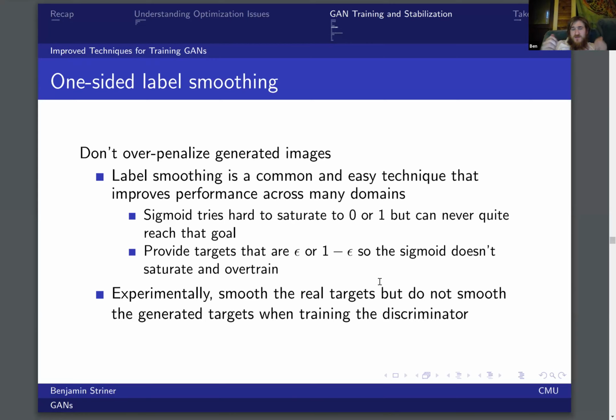And your goal is 0 and 1, and you're doing that using sigmoid on your outputs, which goes from not quite 0 to not quite 1, then your network is always going to be training, increasing and increasing the weights to try to get them closer and closer to 1, and they'll never quite get to 1.